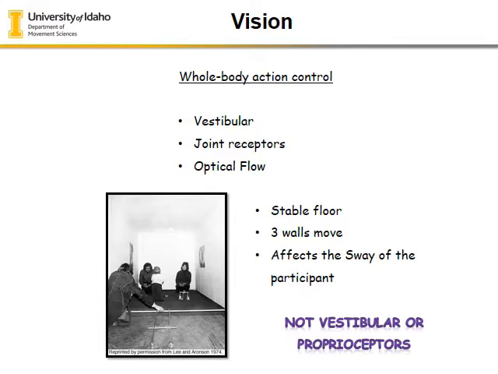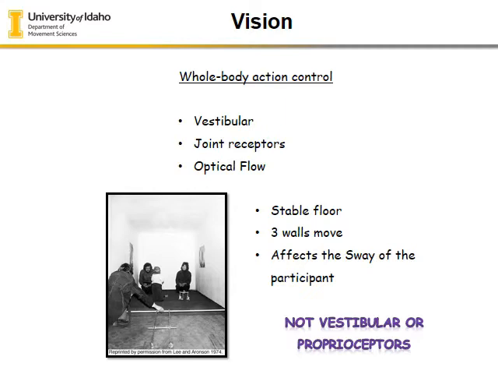One of the things I want to draw your attention to is this study from Lee and Lishman in '74, and what they were trying to do is identify the optical flow and how that has to do with whole body action, especially balance and maintaining that balance. In this study you have a child standing in a room. The floor does not move, right?